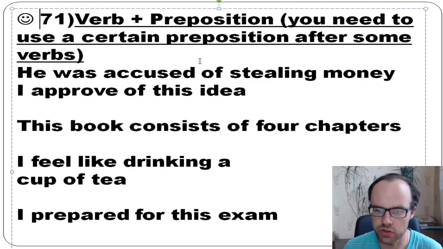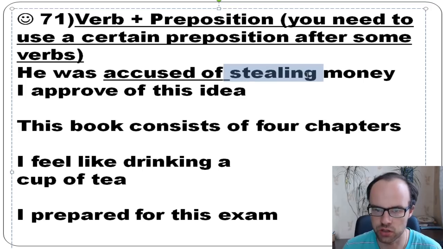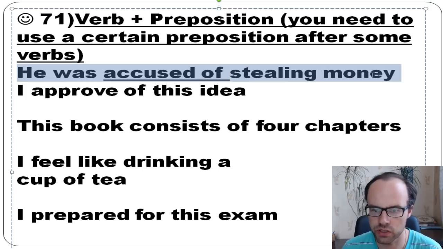He was accused of stealing money. So we say accused of, he was accused of doing something. You remember this rule that if it's another preposition, not to, we use verb plus ing, okay? So he was accused of stealing money.